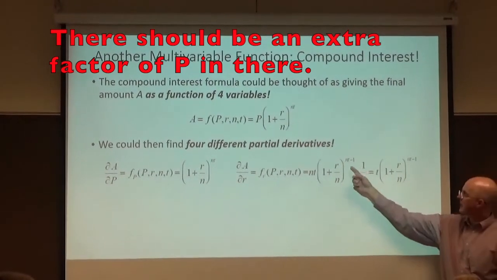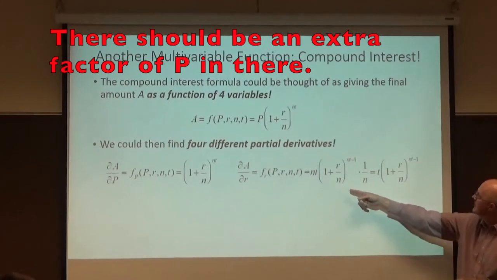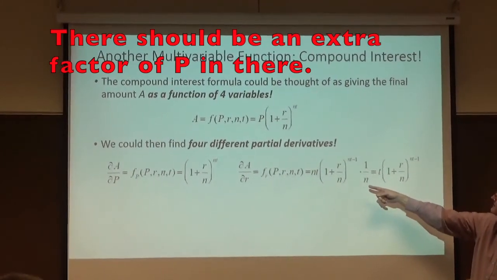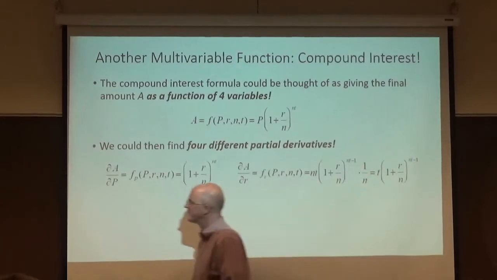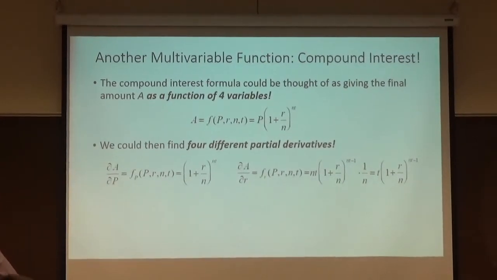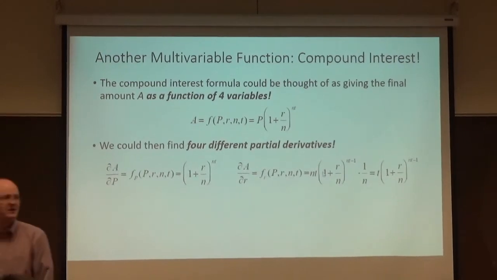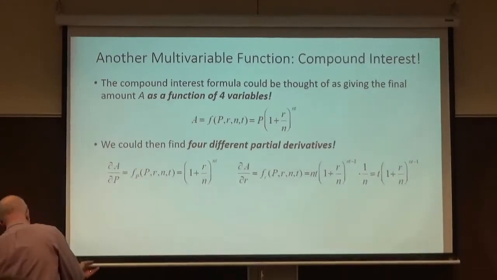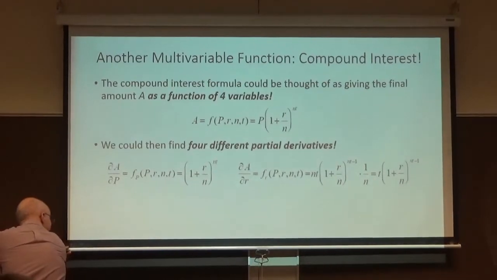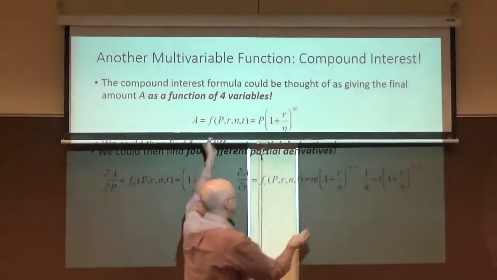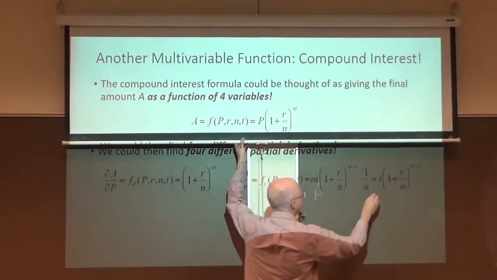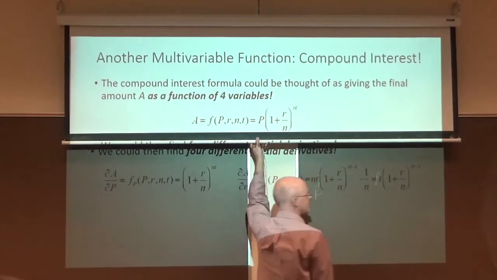Right, I brought the nt down in front. Oh, you know what, I forgot, that was a mistake. There should be an extra p in here. There should be an extra p in there. I lost my p. Here we go. Maybe put the p there.